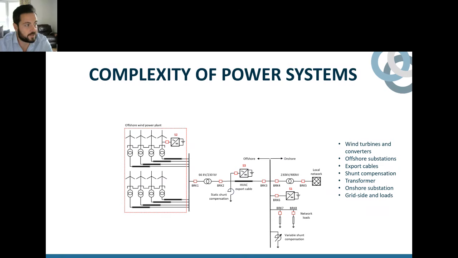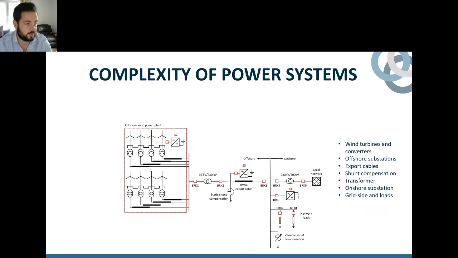We have wind turbines and converters, offshore and onshore substations, export cables, shunt compensation, and loads, which are all interacting within just one project.